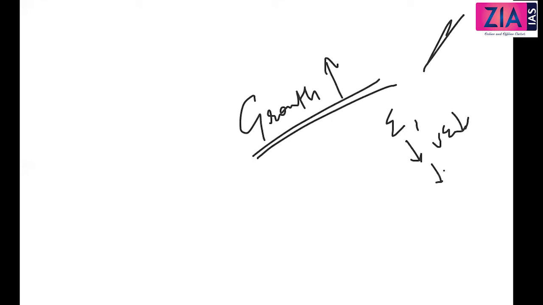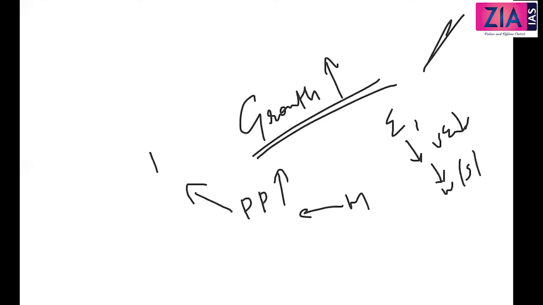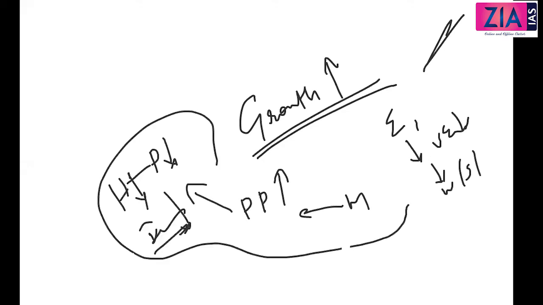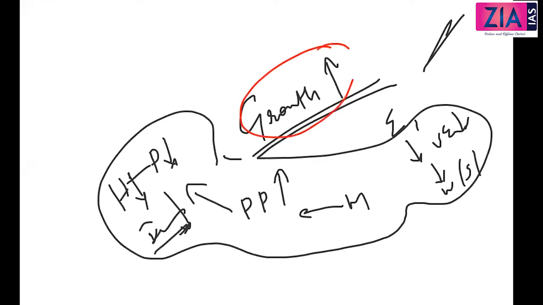So you will get wages, so you will get salaries, so people have money. People have money means purchasing power will increase. Then poverty will come down, hunger will come down, inequality will come down. For that, what you need to do? Focus on growth. This approach is what? Trickle down approach, top down approach.